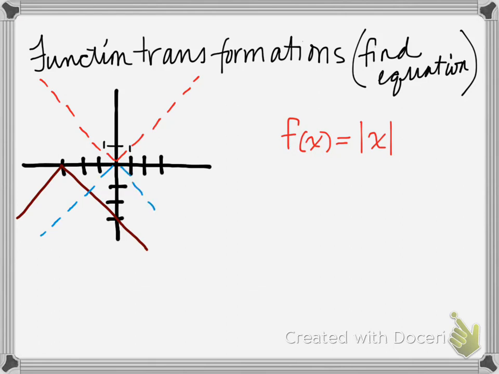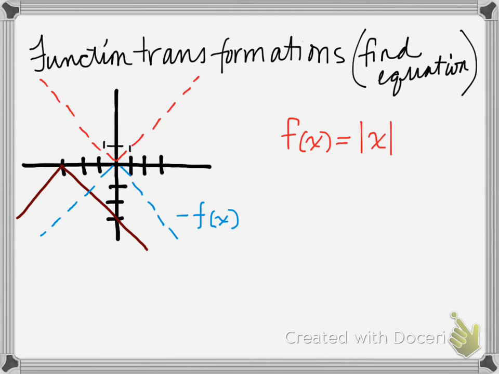That is a reflection through the x-axis. And we accomplish a reflection through the x-axis by saying negative f of x. Now, if you don't know that, then you need to review the introduction to function transformations.